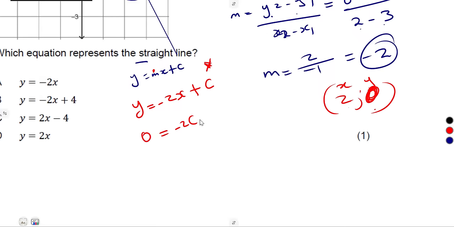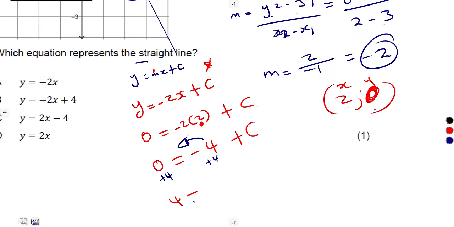So 0 is equal to minus 2 times 2, that's negative 4 plus c. Taking the minus 4 to the other side, or adding it to both sides, 4 is equal to c.